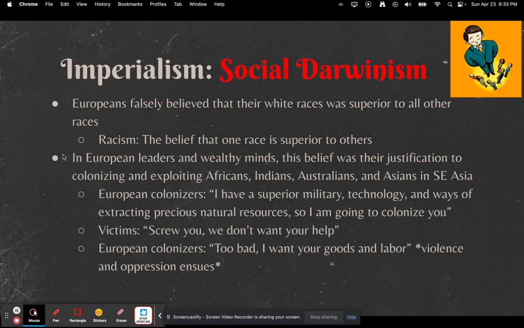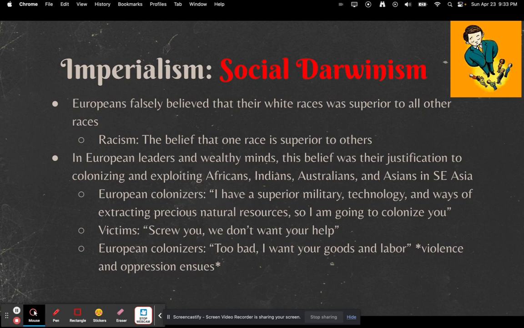So Europeans also falsely believed that their white race was superior to all other races in the world. This is another concept called racism, the belief that one race is superior to others. To European leaders and wealthy minds, this belief was simply their justification for colonizing and exploiting Africans, Indians, Australians, and Asians in Southeast Asia.